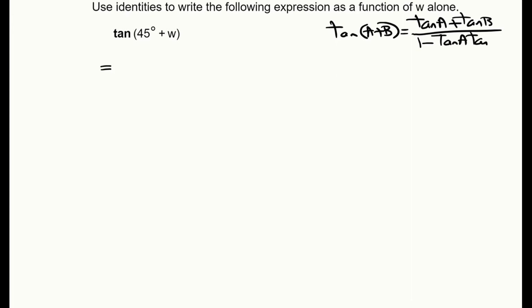All right, so here we're going to go ahead and use identities to write this just as a function of the variable w alone. So of course, we know that we can use our tangent of a plus b formula here, which we know is tangent a plus tangent b over 1 minus tangent a tangent b.